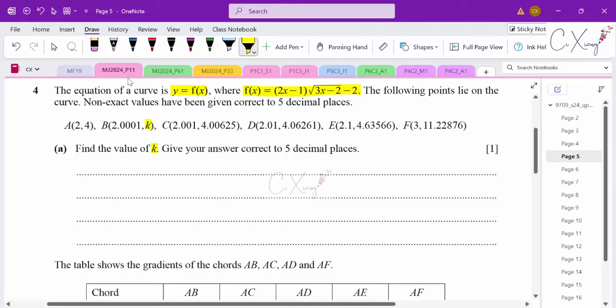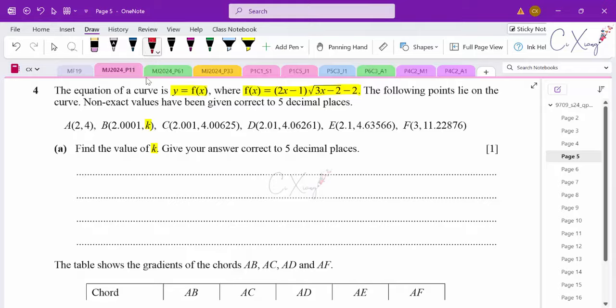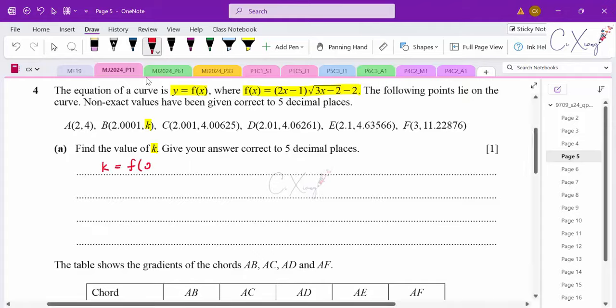Where's the k? It is this one, which is the y coordinate when x equals to 2.0001. So very easy. If you want to get the value for k here, you need to substitute 2.0001 into your function.